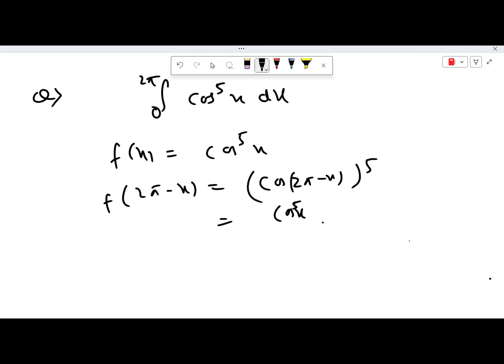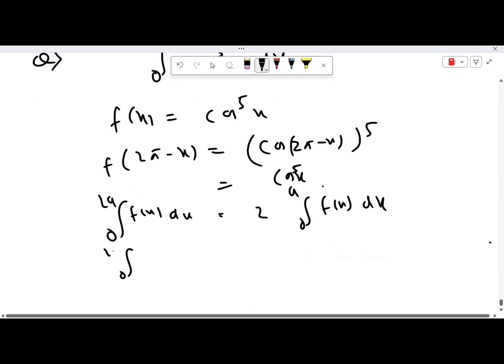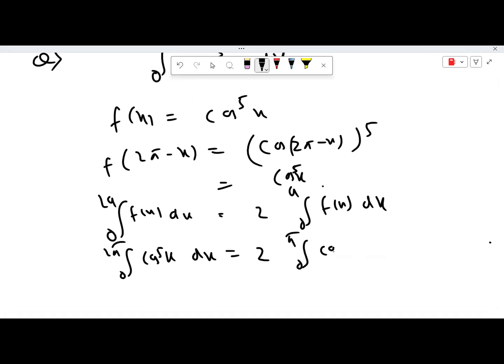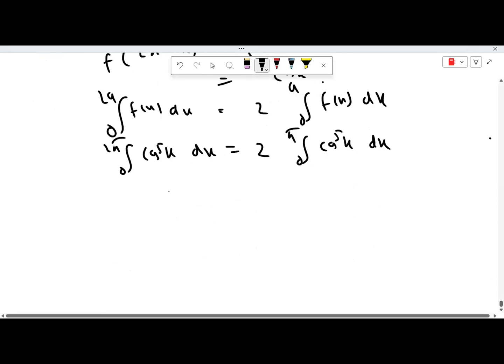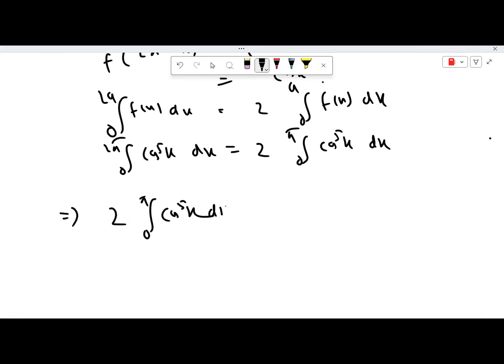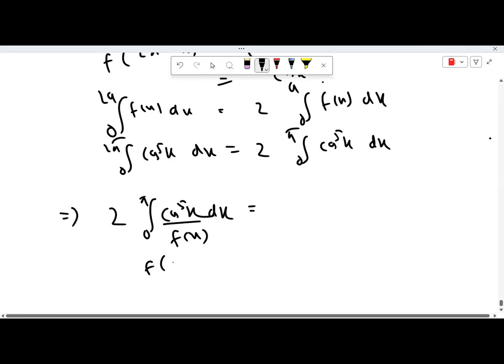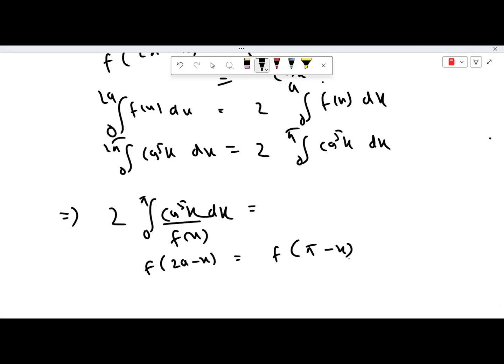So again, the function is repeating itself. So we can say the integral from 0 to 2a of f of x dx is equal to 2 times the integral from 0 to a of f of x. So this means the integral from 0 to 2 pi of cos to the power 5 x dx is equal to 2 times the integral from 0 to pi of cos to the power 5 x dx. Now we can use this property again in this integration, right? If this is f of x, then let's calculate f of 2a minus x, which is f of pi minus x.